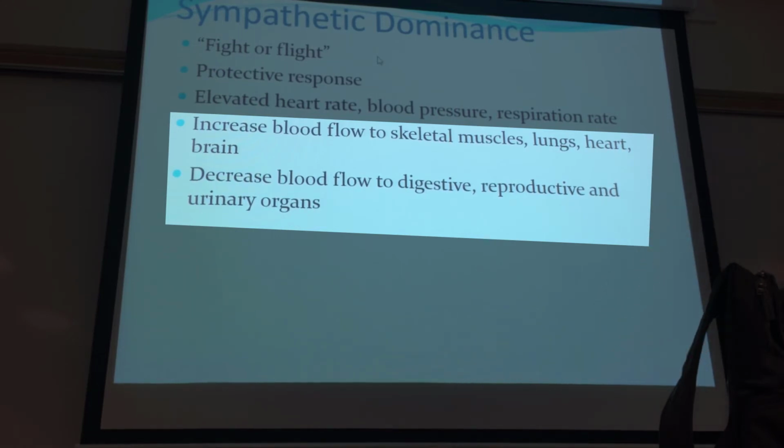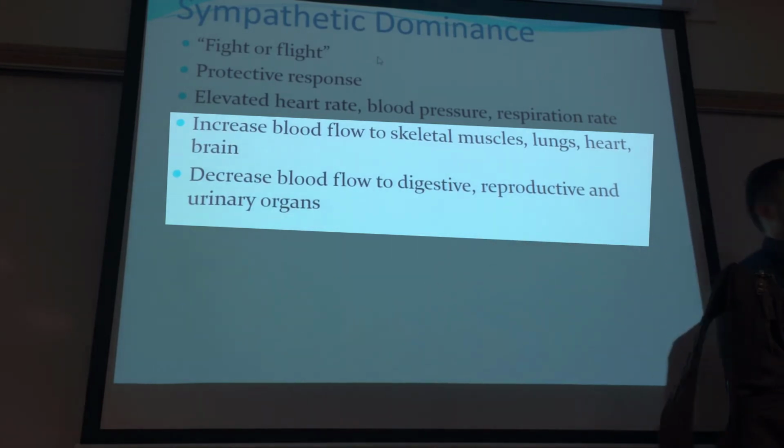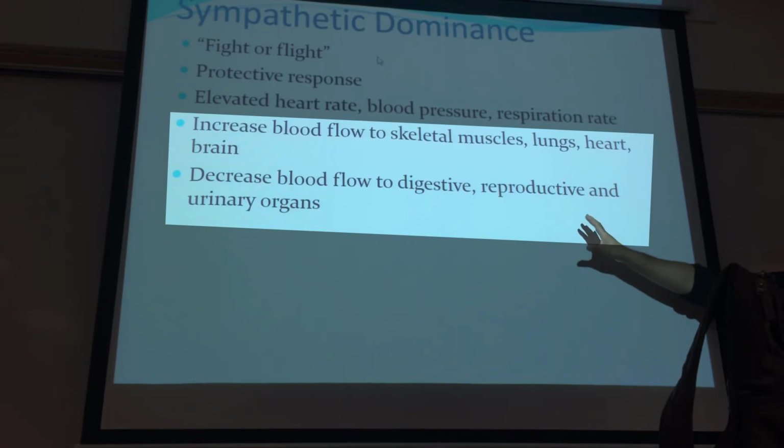So therefore, you want to send more of your nutrients and more of those gases over to those areas. At the same time, we also want to be able to withdraw blood in areas that are non-critical. Areas such as the digestive system, reproductive, as well as the urinary organs. These areas don't need the blood that's allocated over to them.